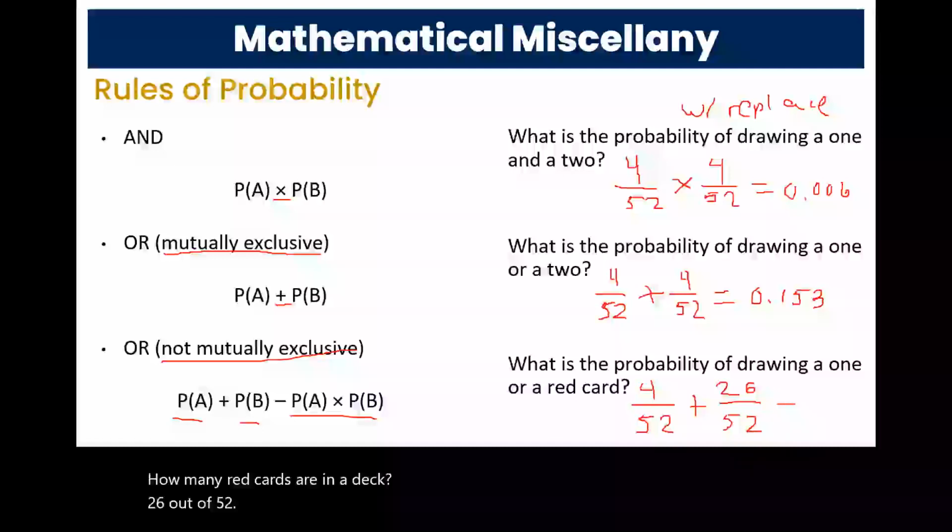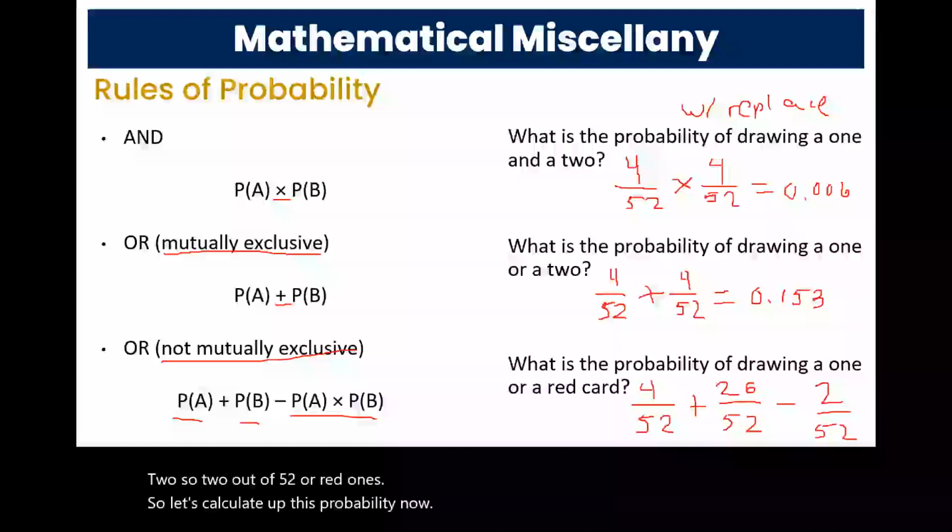And then how many red 1s are in a deck? Two. So 2 out of 52 are red 1s. So let's calculate this probability now.